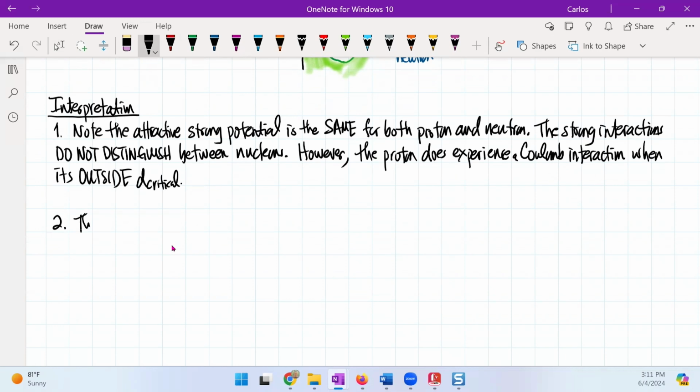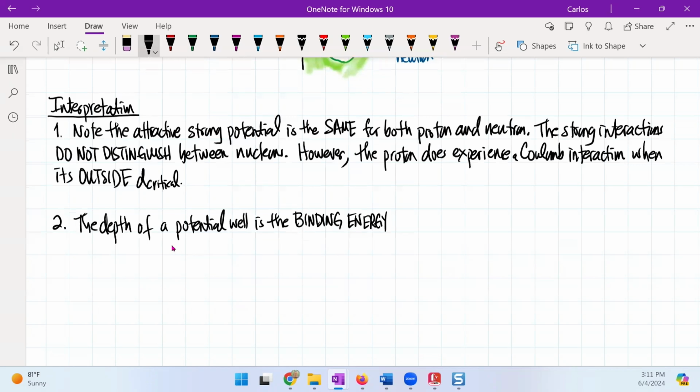So the depth of a potential well is the binding energy, which I typically write as Be.